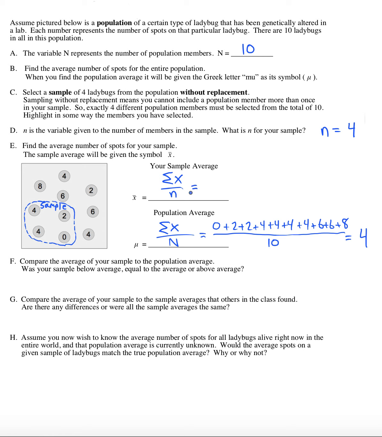So let's add those up. 0 plus 2 plus 4 plus 4, and we'll divide by 4. This gives us 10 over 4, which is 2.5.